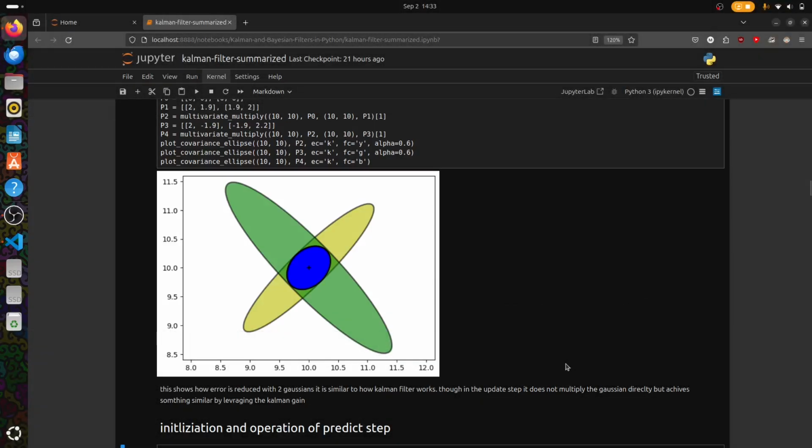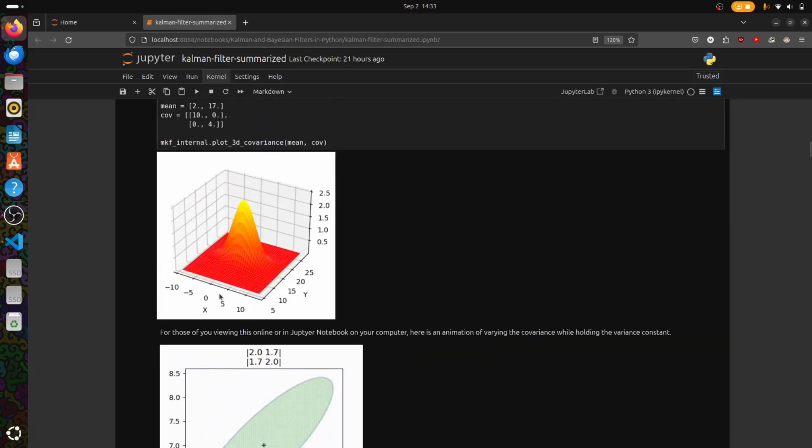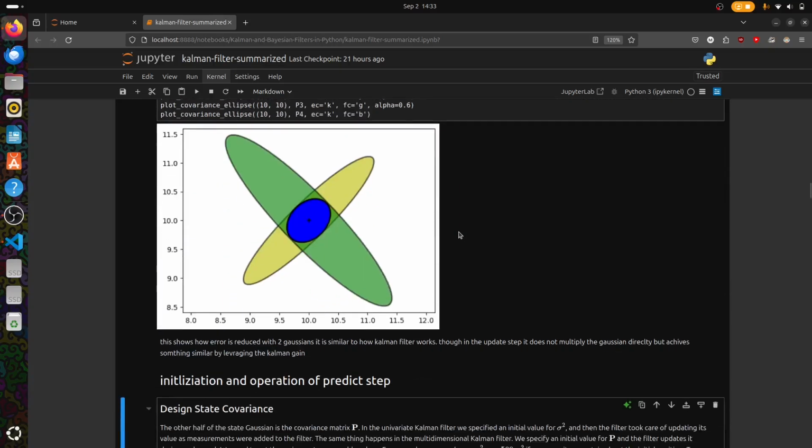It leverages the Kalman gain to achieve something similar, in the sense of making the hill sharper. As you can see in this image, if we apply the Kalman filter, it would get sharper and sharper, hopefully. That's the plan with the Kalman filter, to reduce the error.